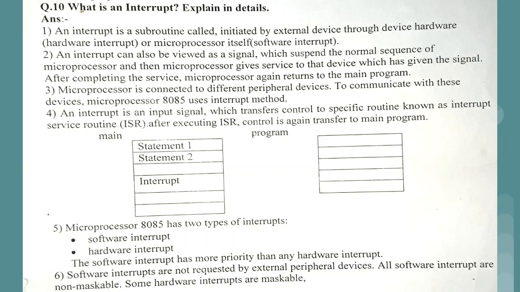An interrupt is a subroutine. Subroutine means it is a kind of function call which is initiated by an external device through device hardware, or by the microprocessor itself. Sometimes the microprocessor itself generates some type of interrupt, and sometimes an interrupt is created by an external device. When the interrupt is created by an external device, that is hardware, it is called a hardware interrupt.